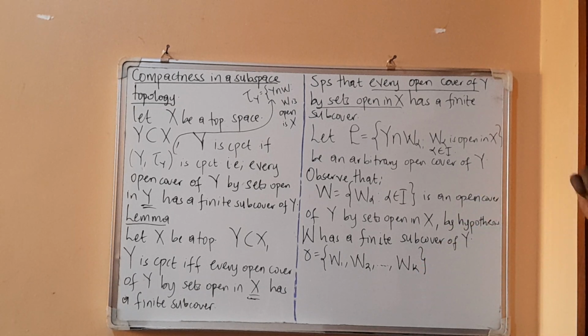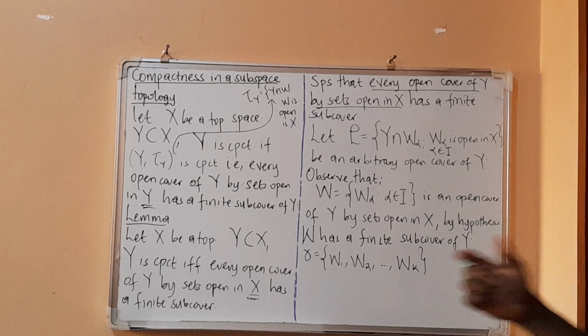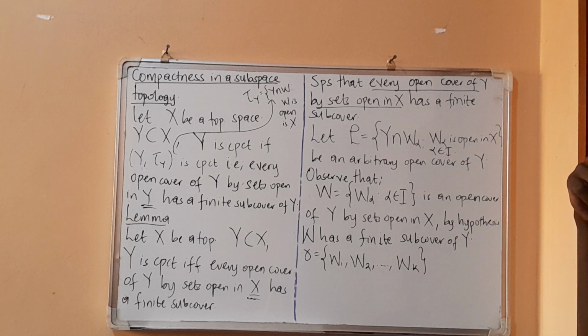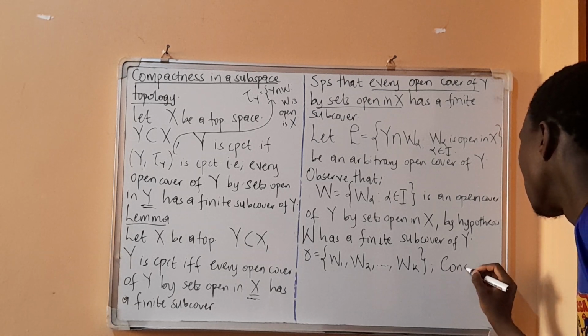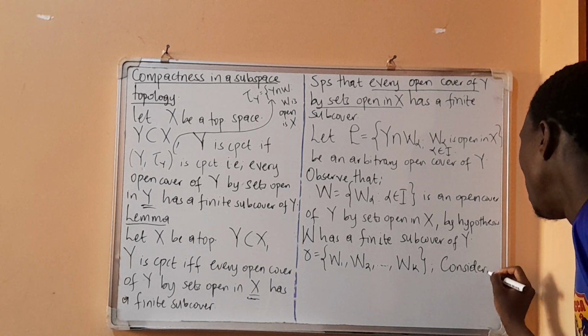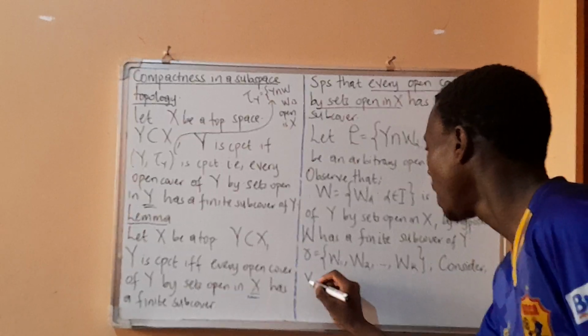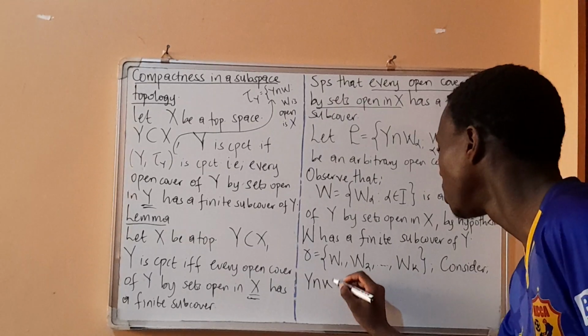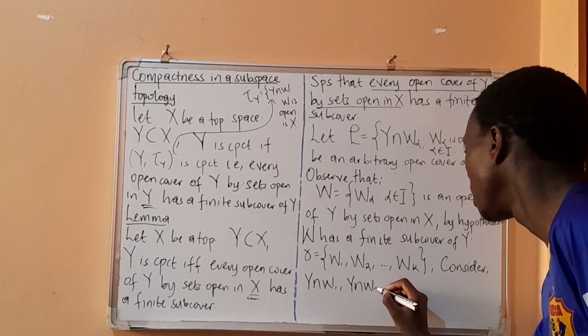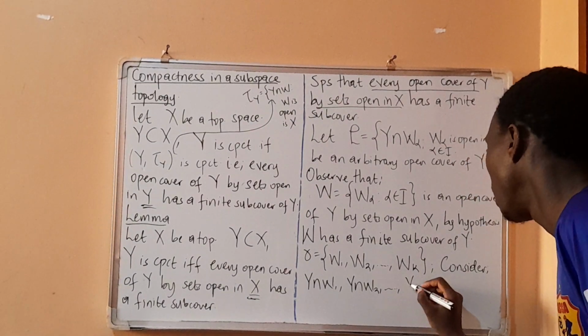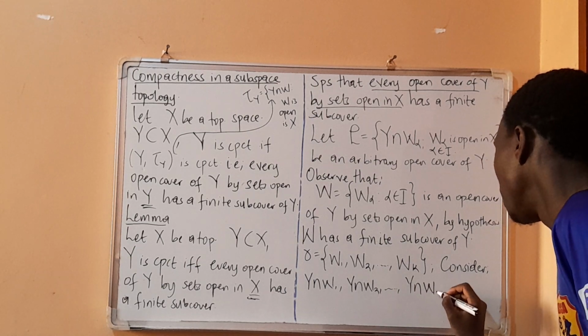Now we are going to consider Y corresponding to each of these sets. We have this as a finite subcover of Y. So consider Y intersection W1, up to Y intersection Wk.